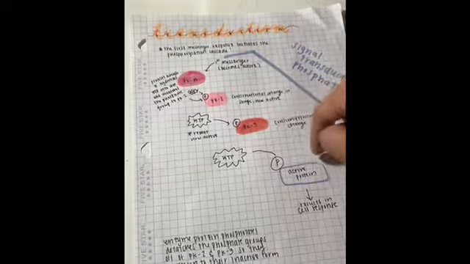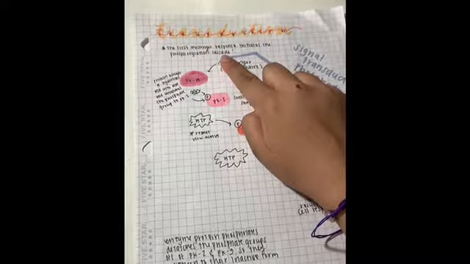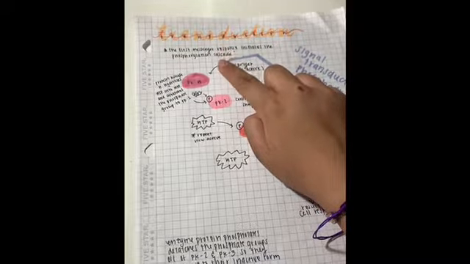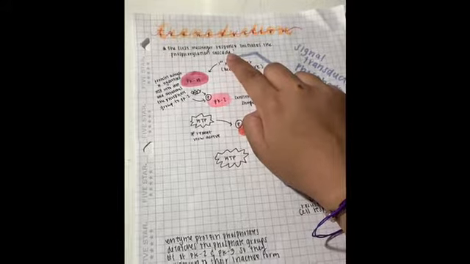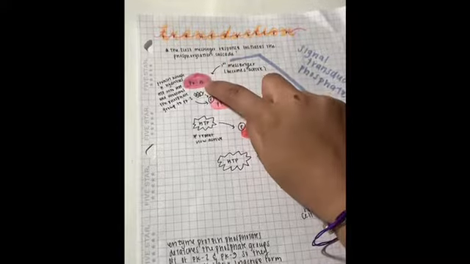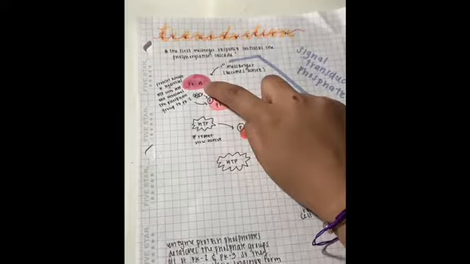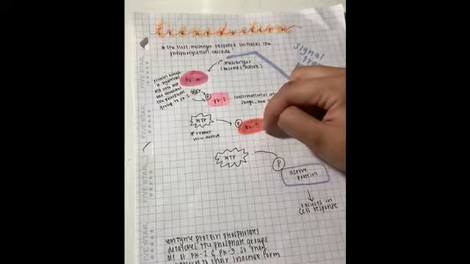This is called the phosphate cascade. And then right here it says the first messenger response initiates the phosphorylation cascade. So that would have been the cyclic AMP. So that will actually activate this right here. This is protein kinase A. This is protein kinase 2, protein kinase 3.